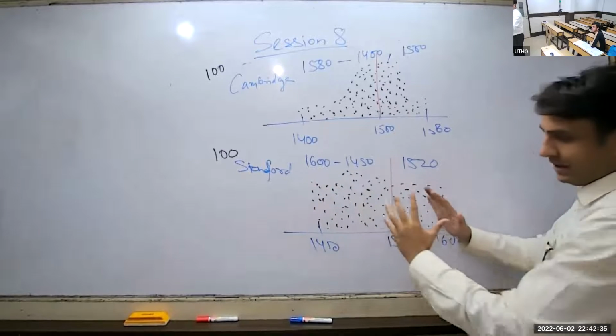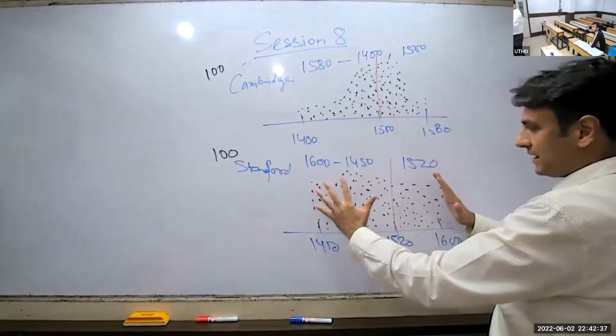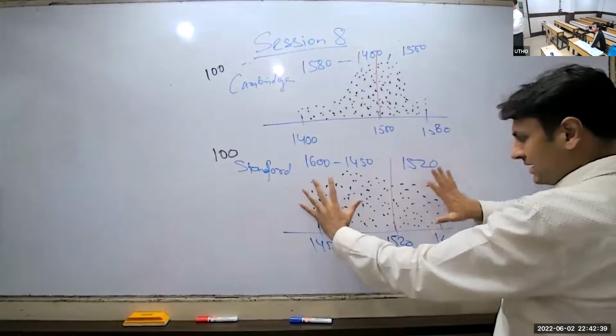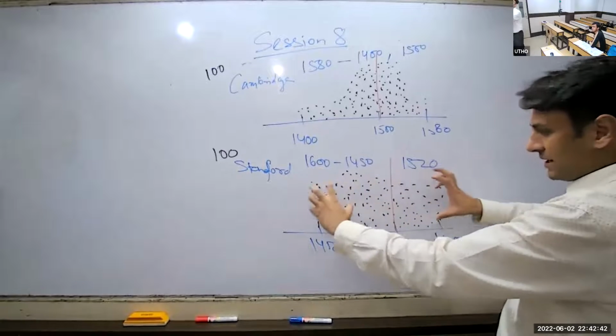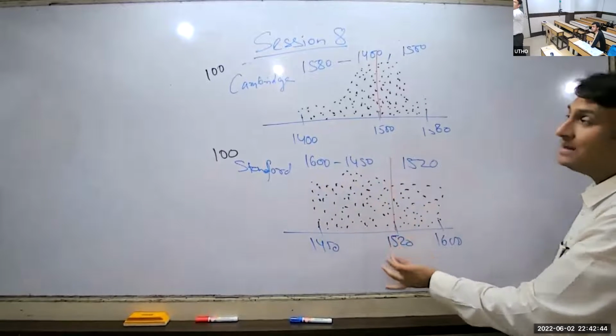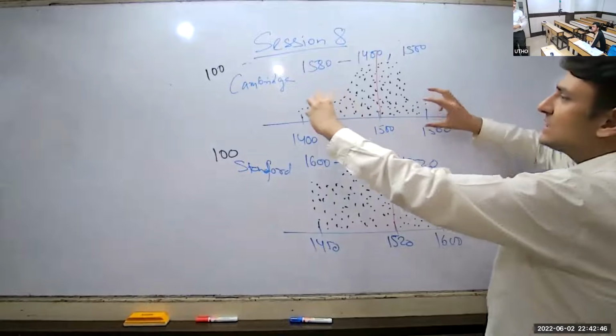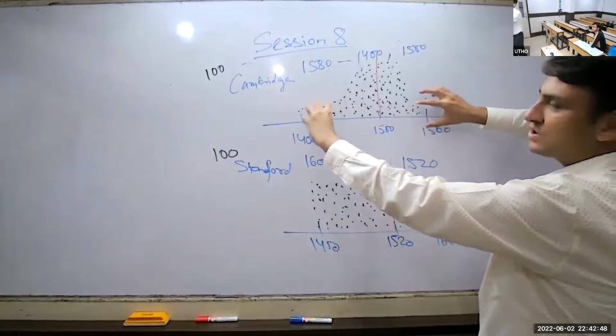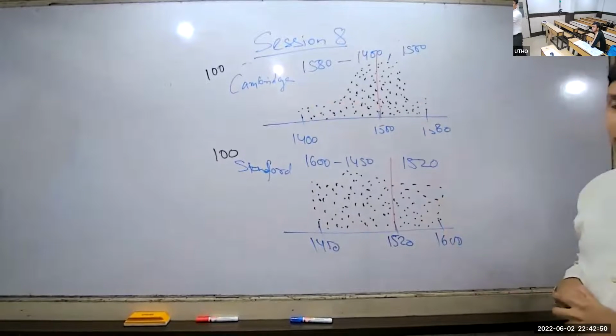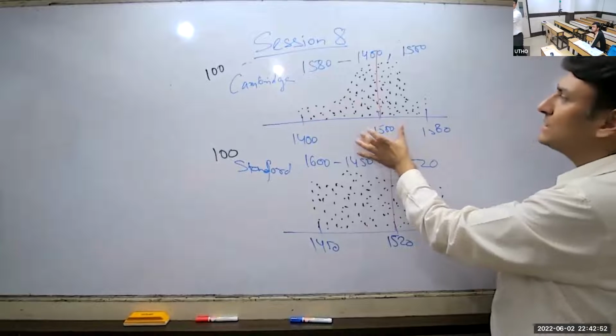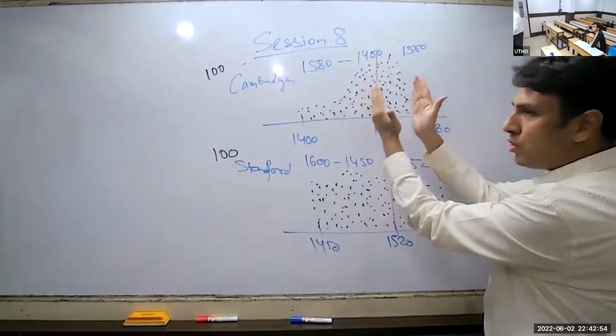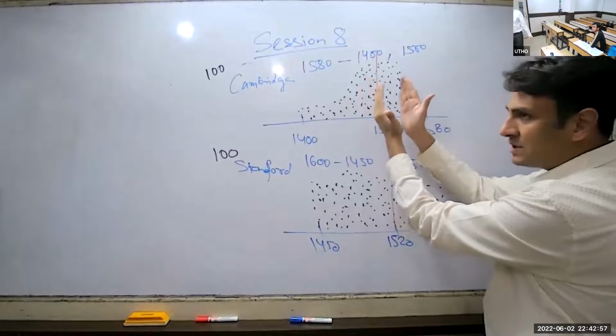There's some good amount of data which is in equal proportion spreaded across mean compared to Cambridge, where the spread is not so much. In Cambridge, data is more concentrated around the mean. Here data is more spreaded across the mean.